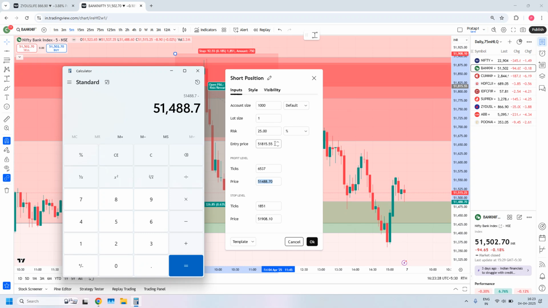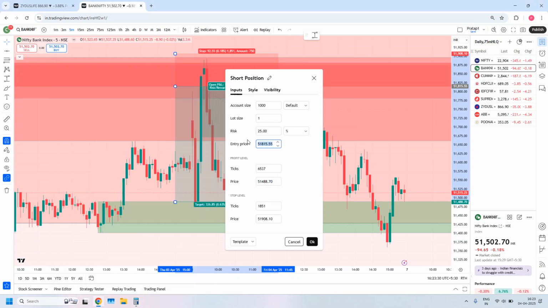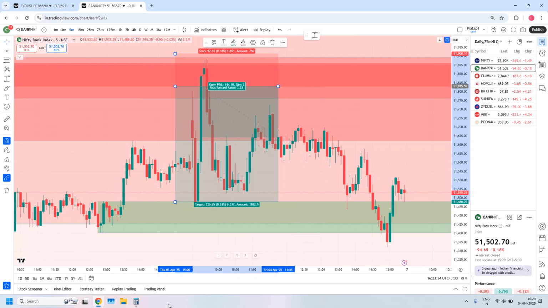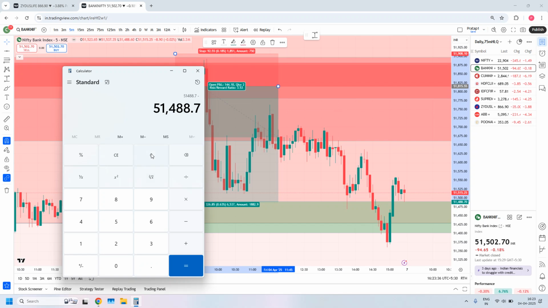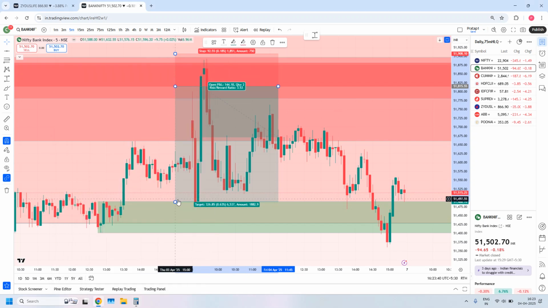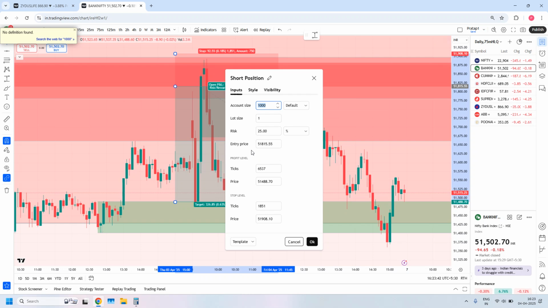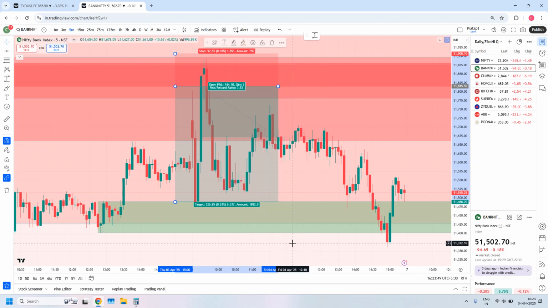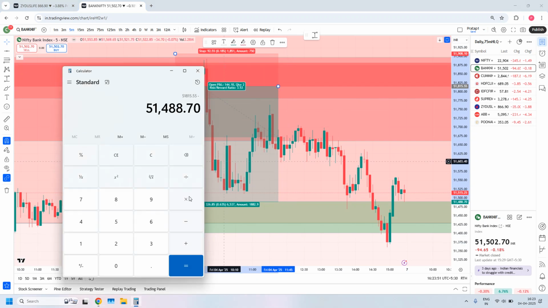Minus your entry, because this is a short trade. Sorry, this is a short trade. Entry minus profit. Your profit is here 51,488.70. Bank Nifty would have given you 326 points profit today.